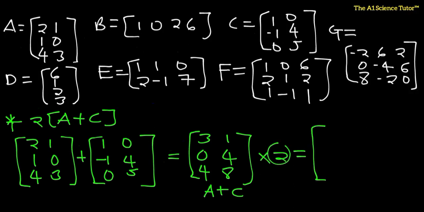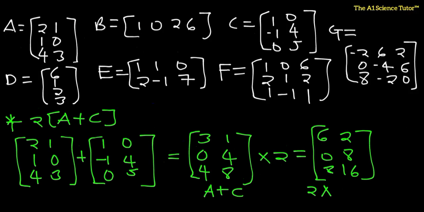We have 2 multiplying each element within this resultant matrix, which gives us 6, 2, 0, 8, 8, and here you're going to have 16. So that is the answer for 2A plus C.